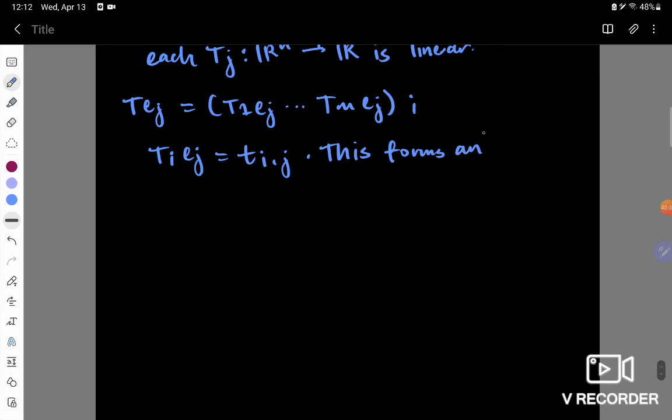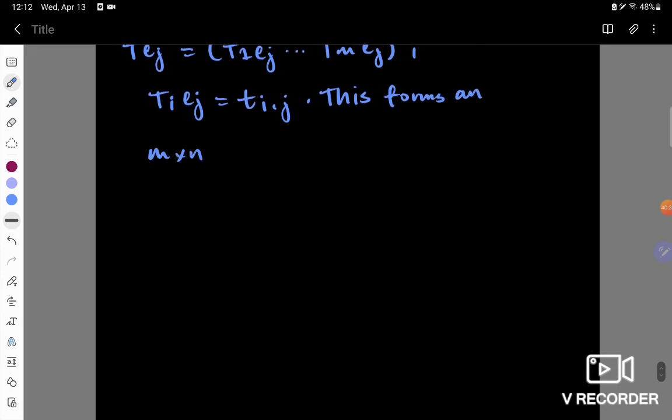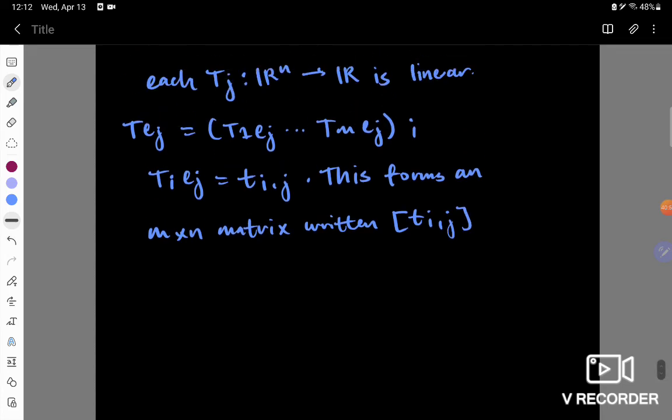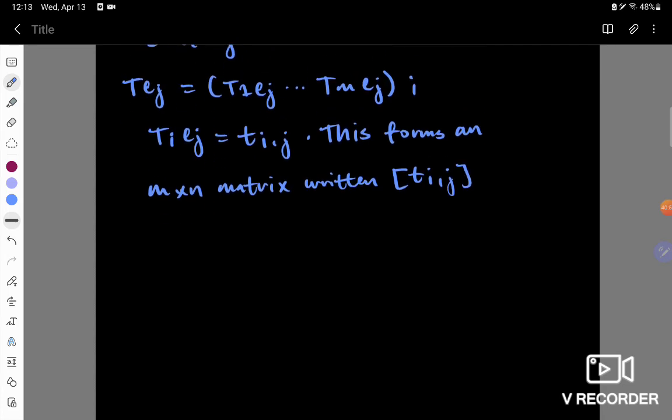This forms an m by n matrix, written sometimes just with respect to its entries, which are defined as t i j. Okay, so this is more of a linear algebra perspective.